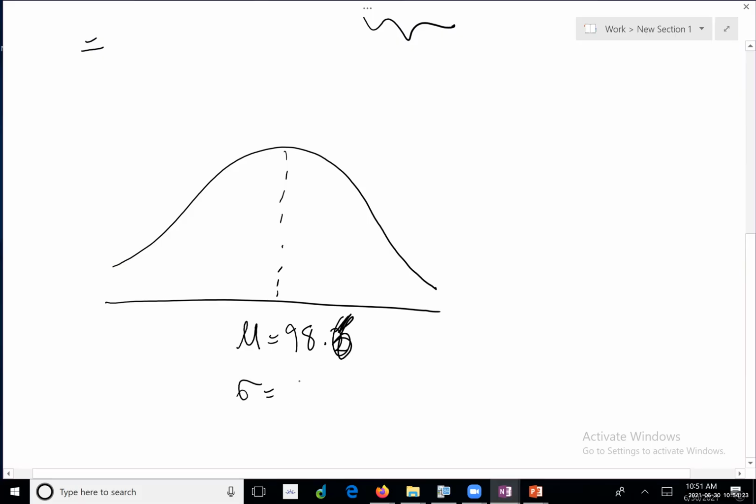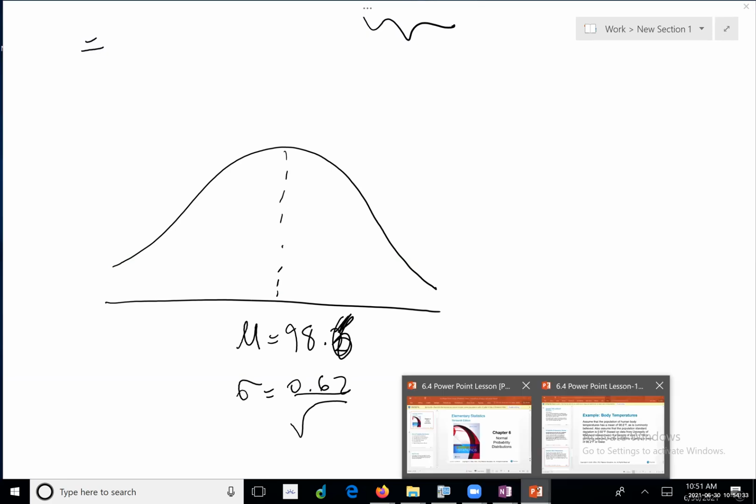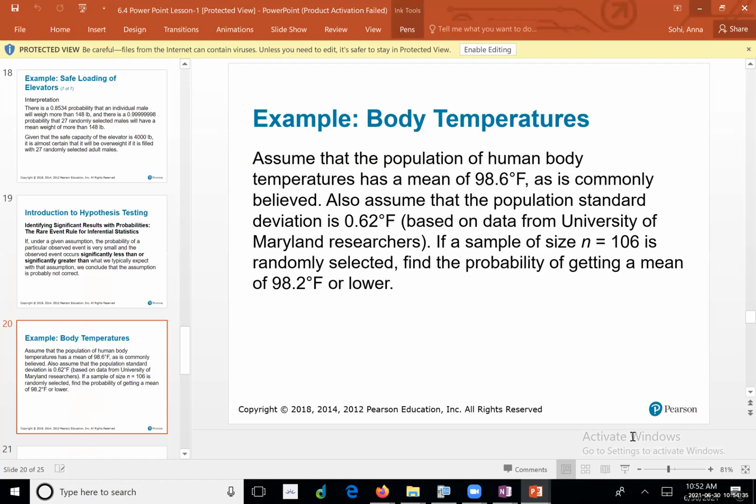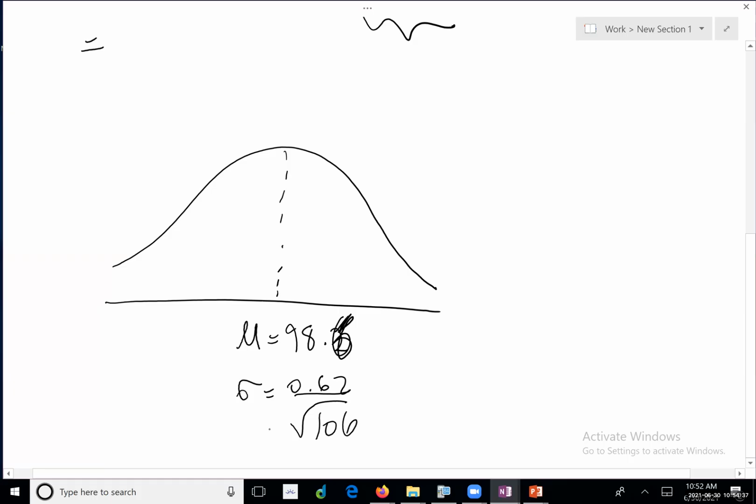Sigma, we said it's 0.62 over the square root of n, which n was 106. And then the temperature to be 98.2 or lower.